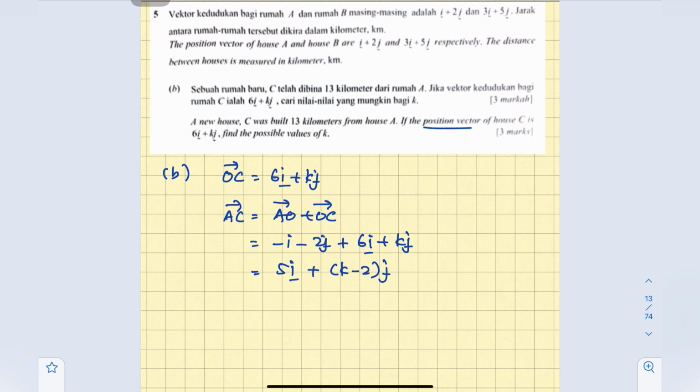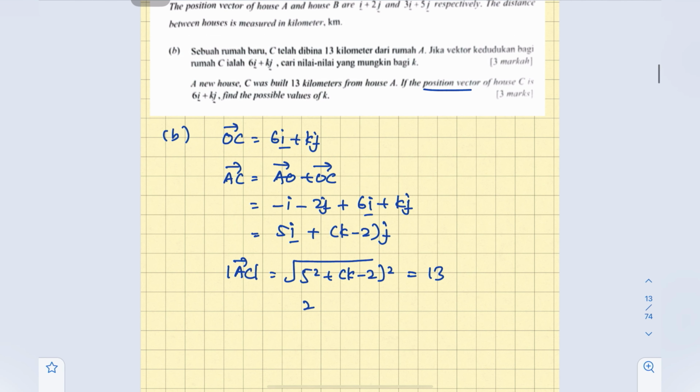Then the magnitude of AC is 13 kilometers. By using the Pythagoras theorem, magnitude AC is square root of (5 squared plus (k minus 2) squared), equals 13. So 25 plus (k minus 2) squared equals 13 squared, which is 169.